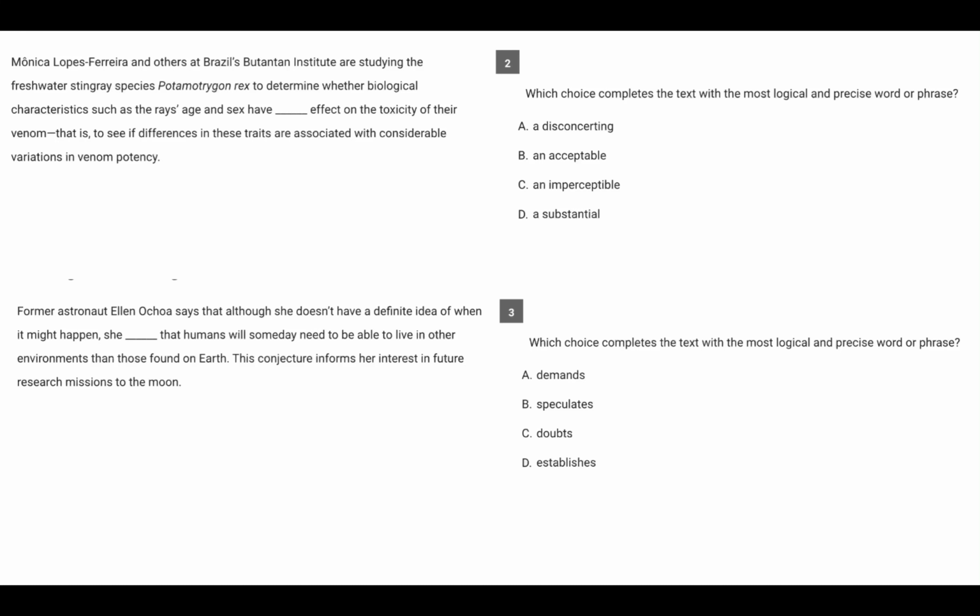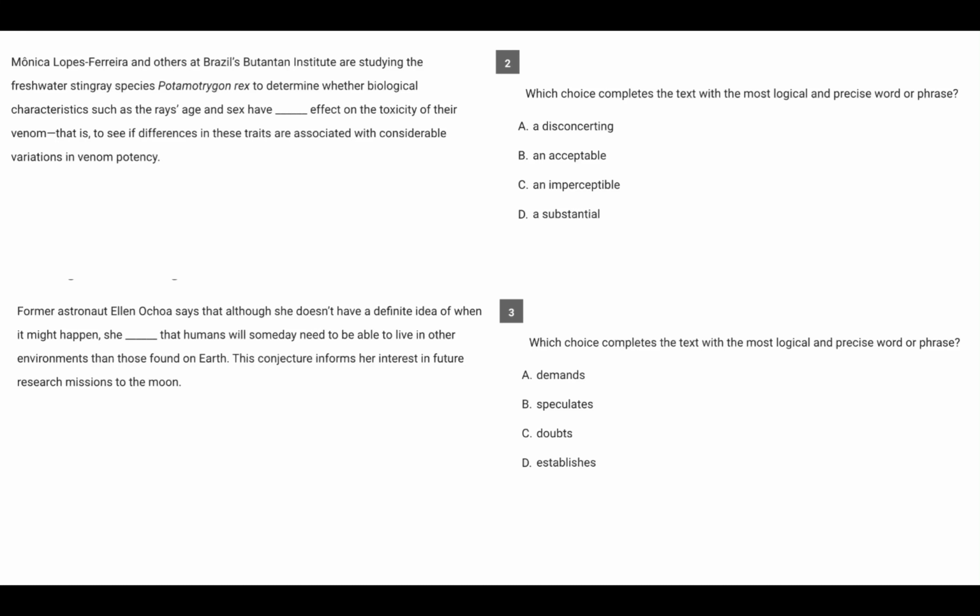So if a person doesn't have a definite idea, he will probably make some kind of prediction on that topic. So she predicts that humans will someday need to be able to live in other environments. And it matches the next part, this conjecture. So she kind of knows that humans will someday need to be able to live in other environments, but she cannot 100% prove it.